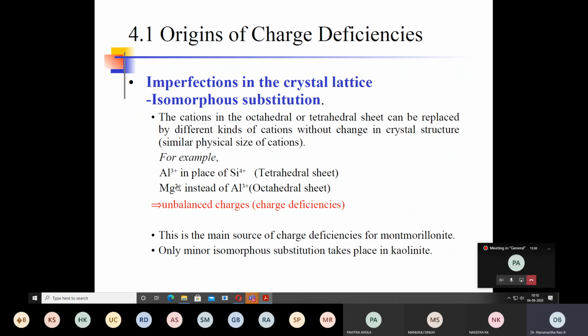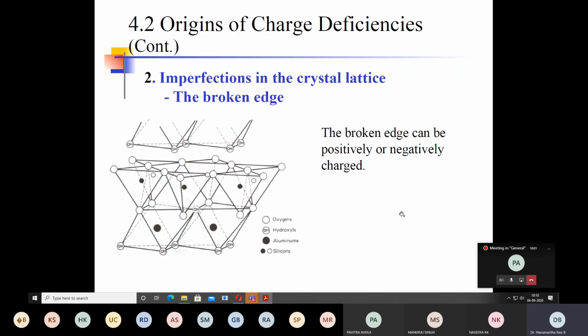So magnesium 2+ and Al3+, there is unbalanced charge which causes the charge deficiency, resulting in negative charge of the particle. This is the main source of charge deficiency for montmorillonite. Only minor isomorphous substitution takes place in kaolinite, but considerable amounts occur in montmorillonite. So this everybody knows.